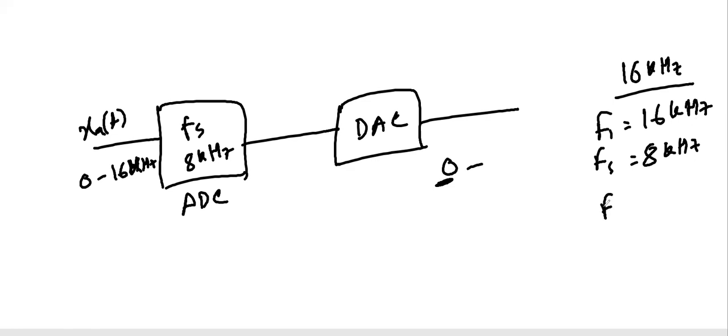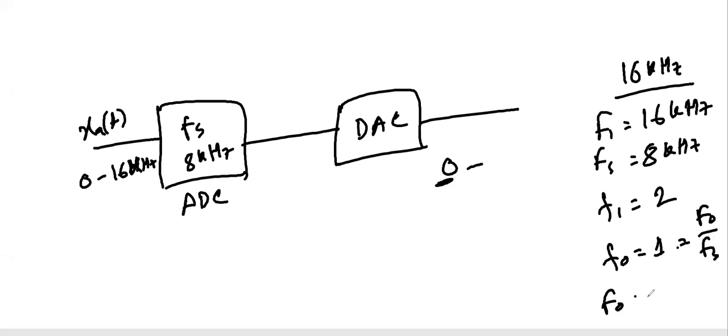What is the value of small f1? Small f1 is equal to F by Fs, yes, this is 2. Now what is f0? 1. Is it fine? Because before or after 1, f0 is equal to 1. Again, f0 is equal to capital F0 divided by Fs.